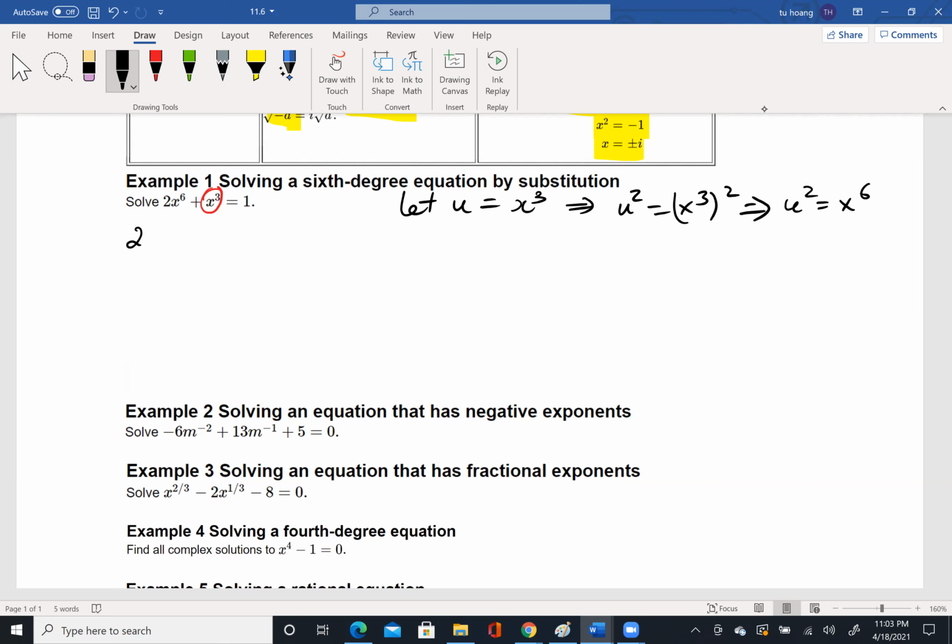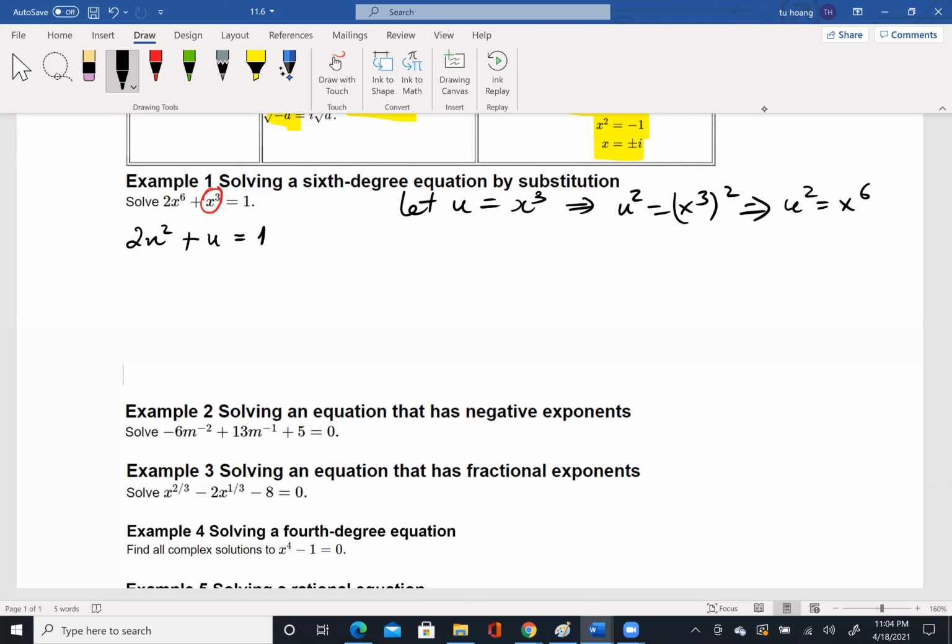Now I can substitute: x^6 becomes u squared, and x^3 becomes u, so u squared and u equals 1.